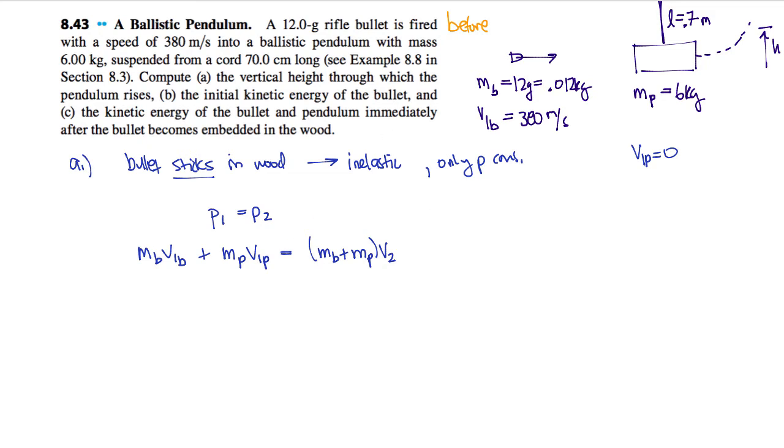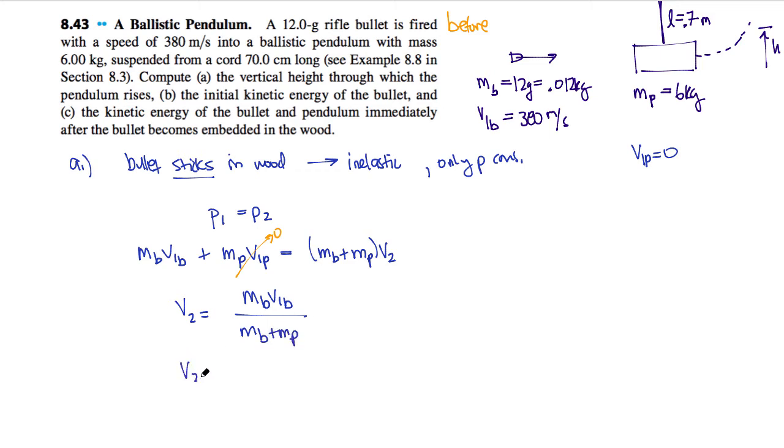This term is 0, as we just stated, and I want to find v2 because that is the only unknown in this equation. So I have the mass of the bullet times v1 of the bullet over the total mass of the bullet and the pendulum.